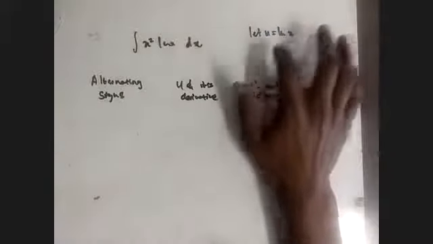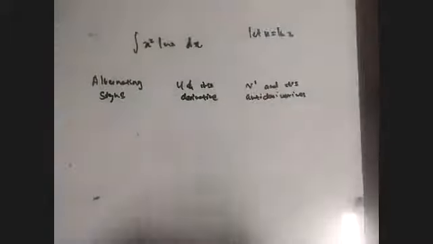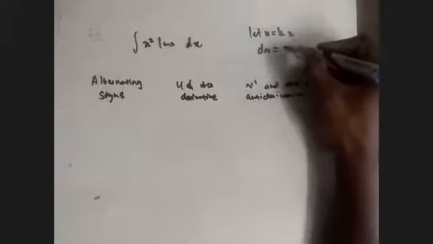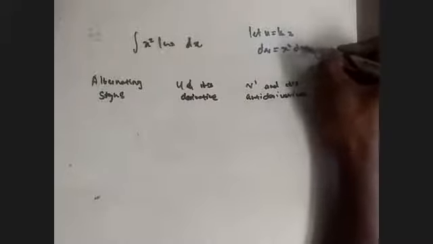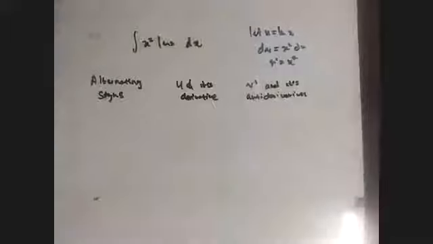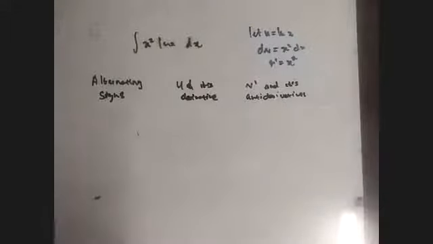You always choose your u to be ln x. In this case, we are going to let our dv be equal to x squared dx, meaning our v prime is equal to x squared. I hope you are fine with this. So we're going to have alternating variables.